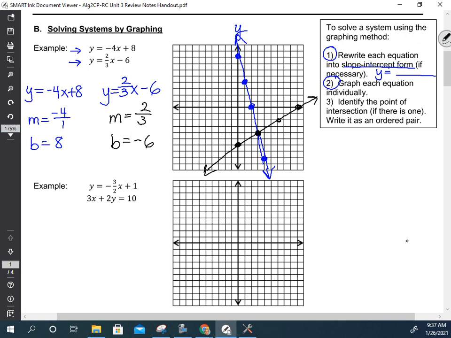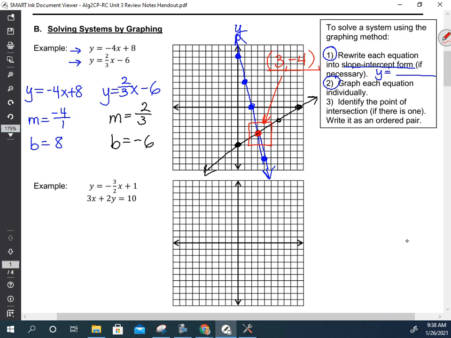What happened to the 2 lines? They intersected. If your lines intersect, that means wherever they cross, that's your answer. So they cross at 3, negative 4.